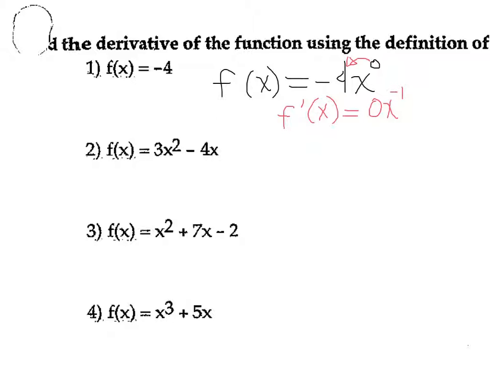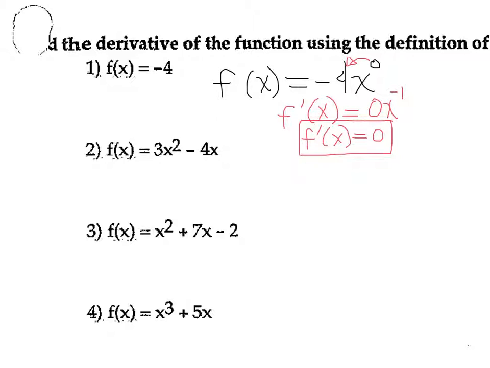But see, 0 times x to the -1, it's 0. So therefore, the derivative is just 0. Okay, so all you need to do is get the exponent multiplied by the constant and then decrease the exponent by 1. That's all that is, okay?